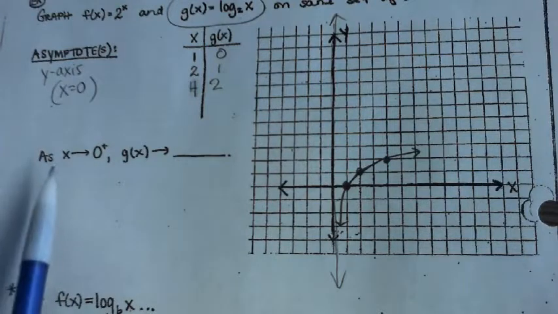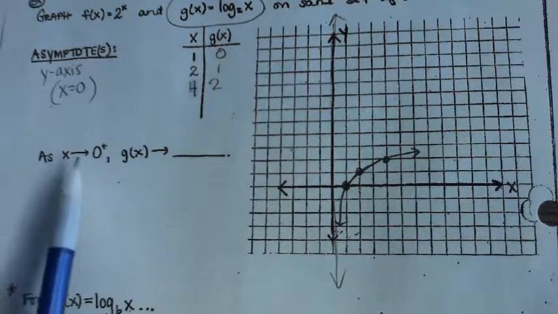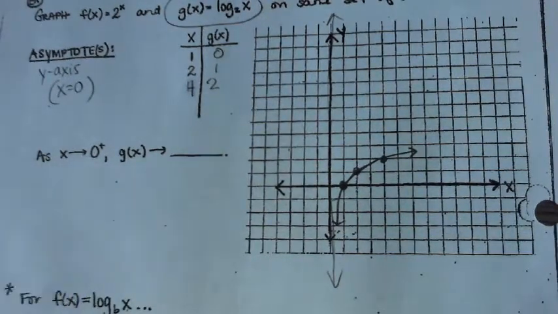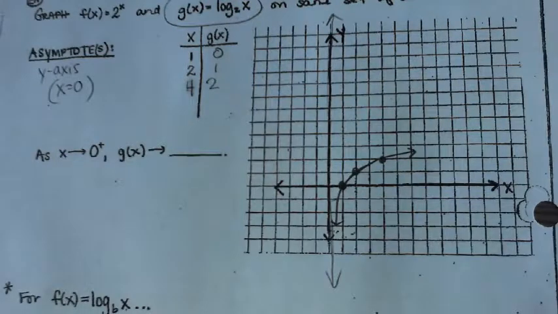So let's answer this question. As x approaches 0 from the right, where's g of x going? What do you think? Marissa. Raise your hand if you agree.